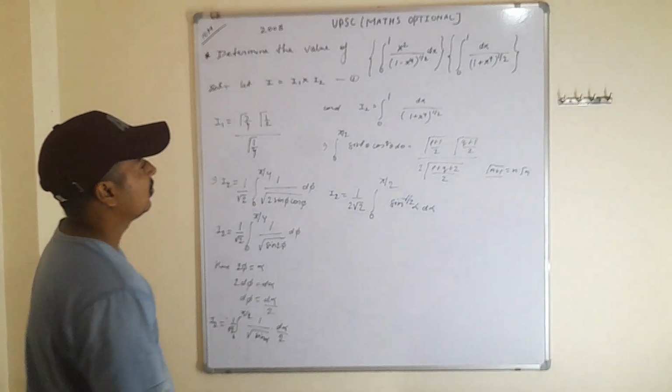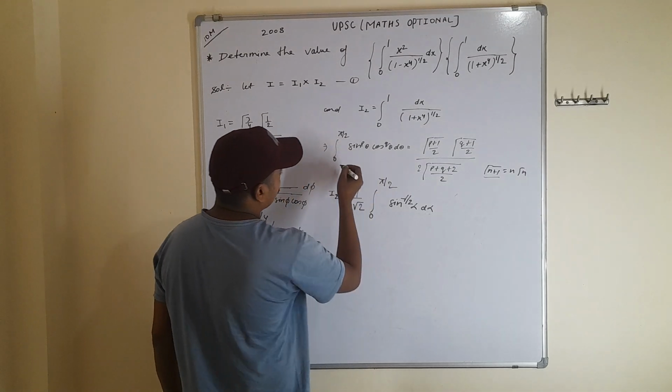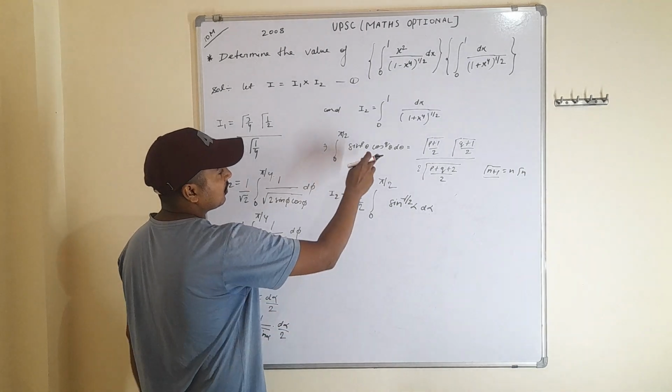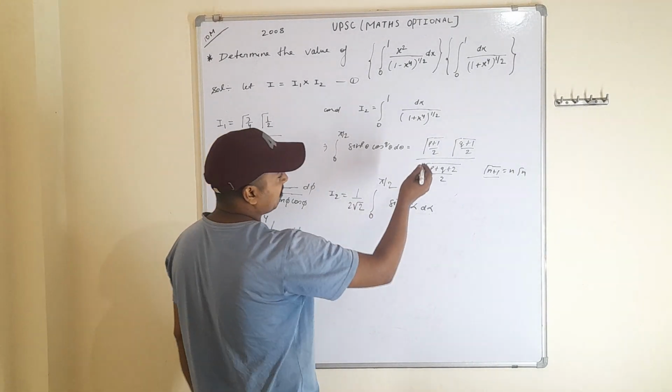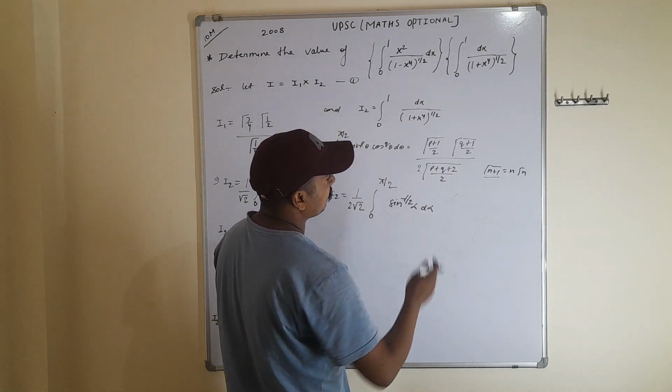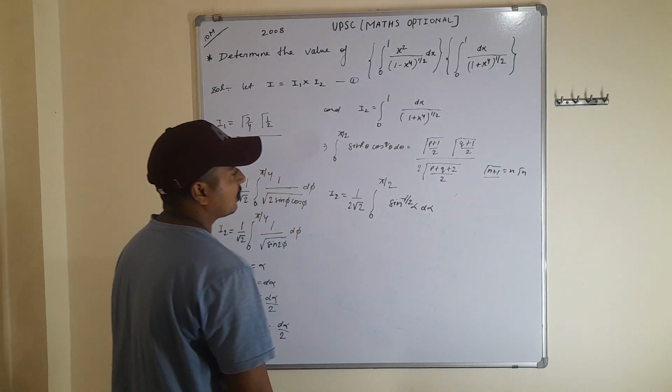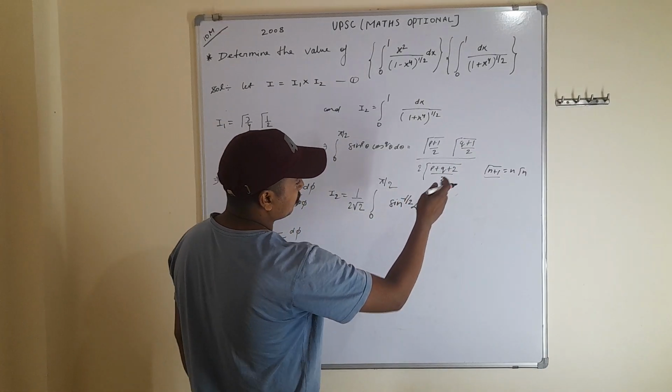Using the formula of integral 0 to pi by 2 sin p theta cos q theta d theta is equal to gamma p plus 1 by 2 and gamma q plus 1 by 2 upon 2 gamma p plus q plus 2 by 2.